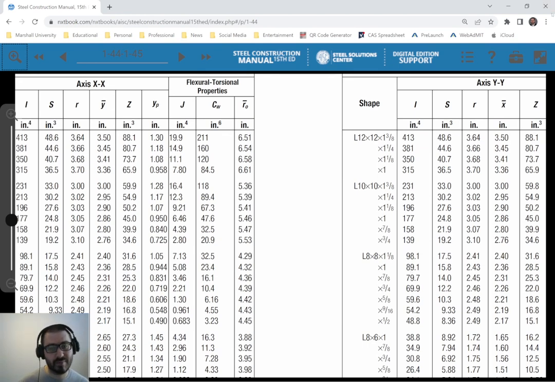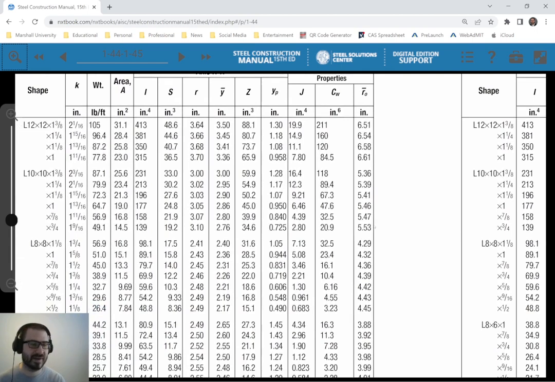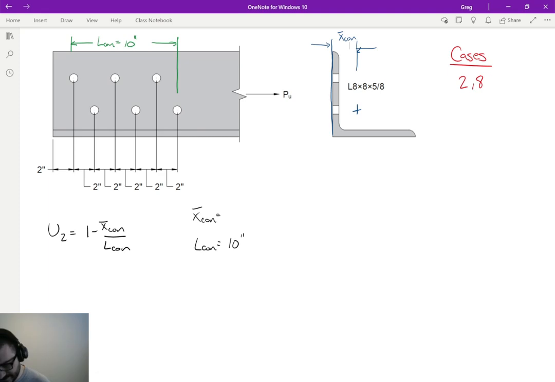So make sure you are being diligent on looking at the right column. But again, if it's an equal leg angle, it doesn't matter. So we're looking at 2.21 inches. We can go back to our manual here.